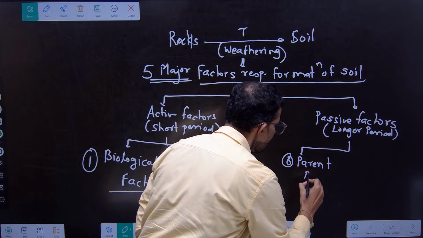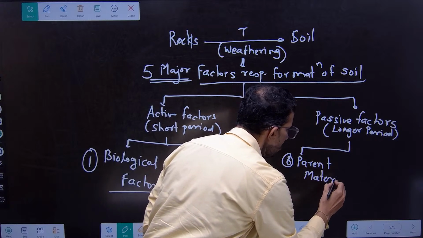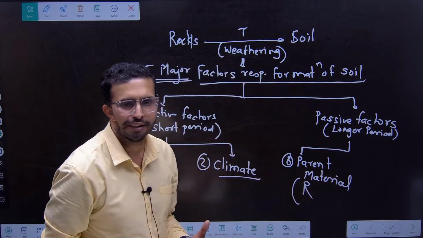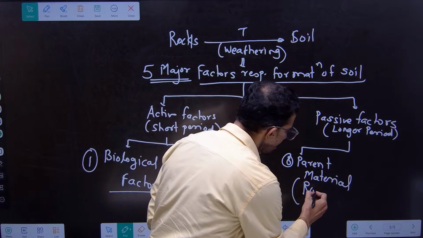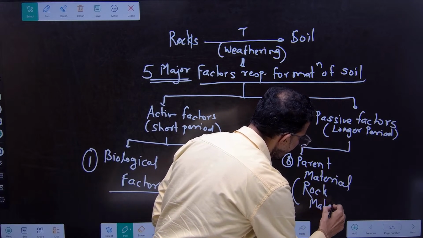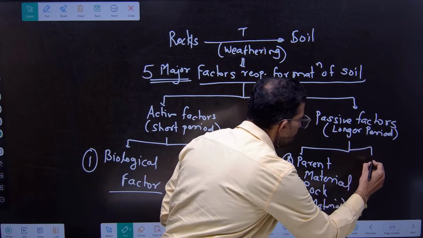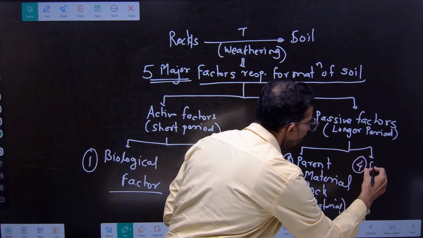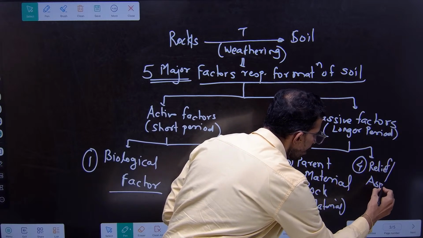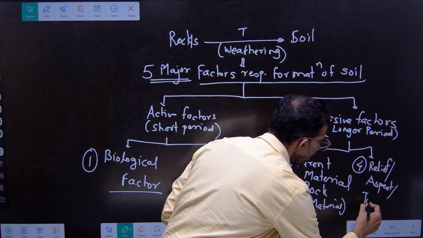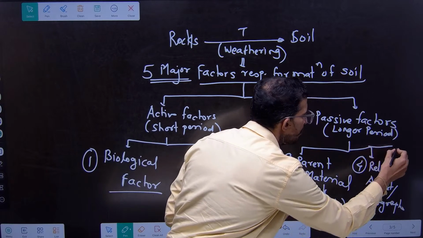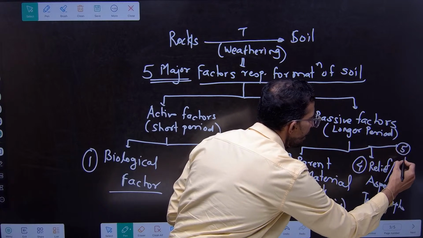Write down with me, this is very important, because if you are reading the NCERT, then you would be getting how to decrypt that data, the parent rock or the rock material. Fourth one is the relief aspect or the topography. And fifth one is the time.